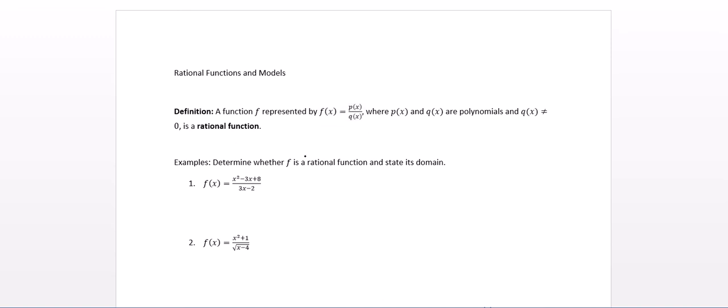Determine whether f is a rational function and state its domain. Here in number 1, I have a polynomial, a quadratic, divided by a polynomial, which is a linear function. So this is a rational function.